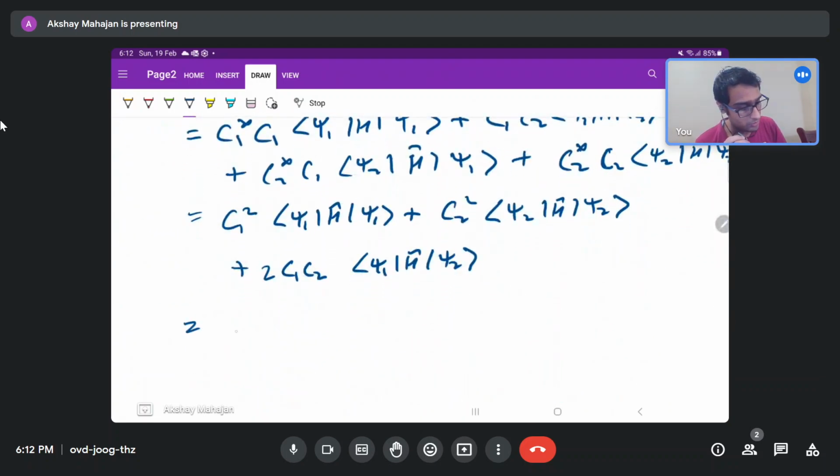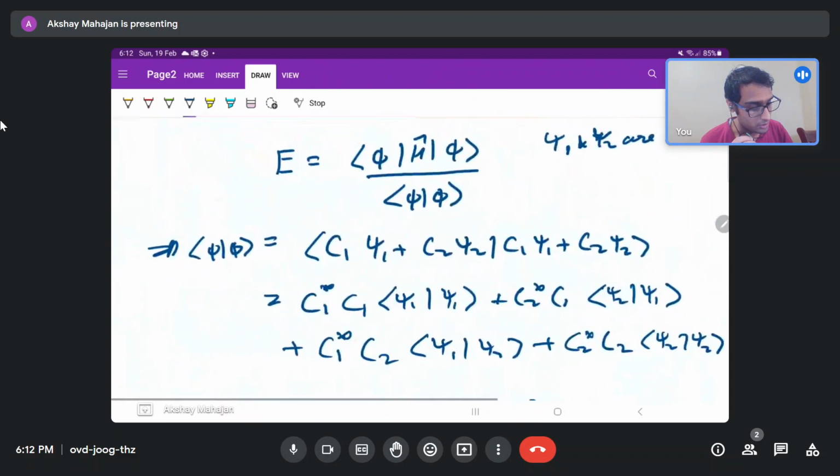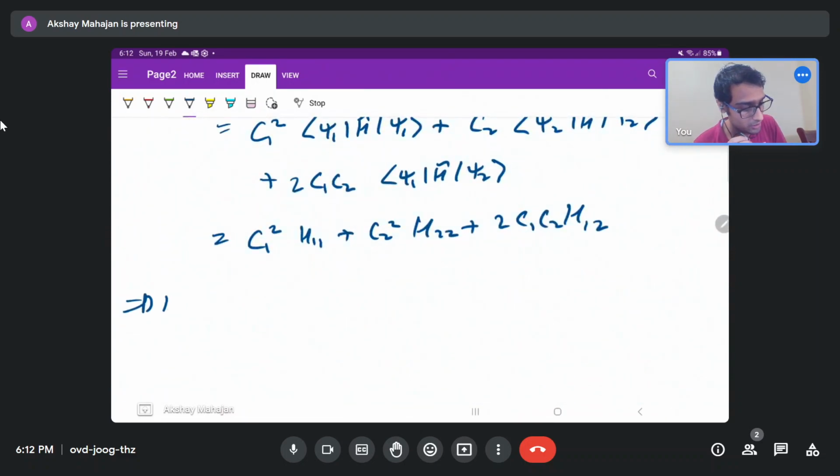And here also we write C1 square H11 plus C2 square H22 plus 2 C1 C2 H12. Right, so this is how we find the energy value E, the variational energy that we are calculating.